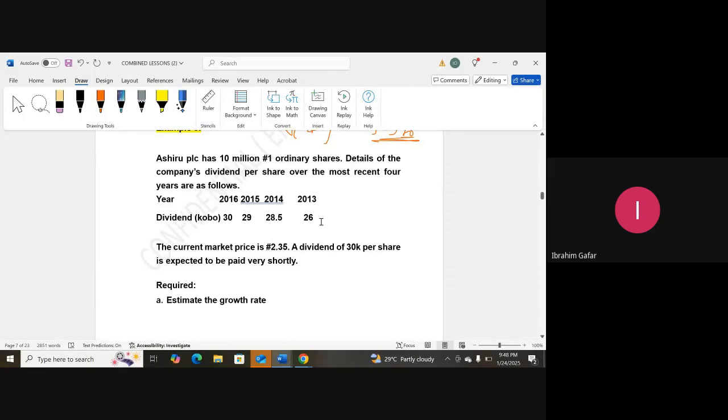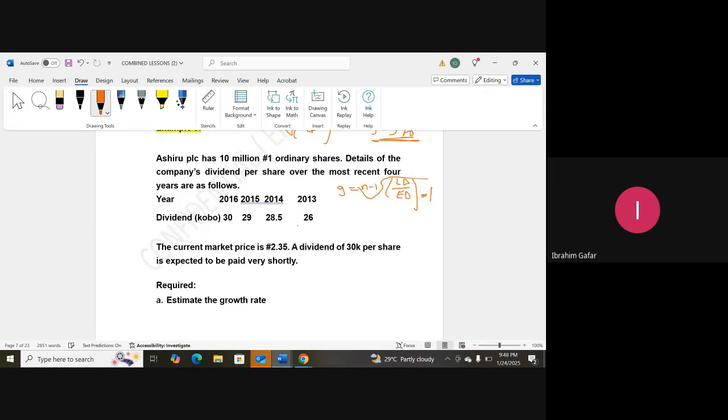If we want to calculate the growth rate, then our formula is growth rate is equal to n minus 1 root of latest dividend over earliest dividend, then minus 1. That's the growth rate.